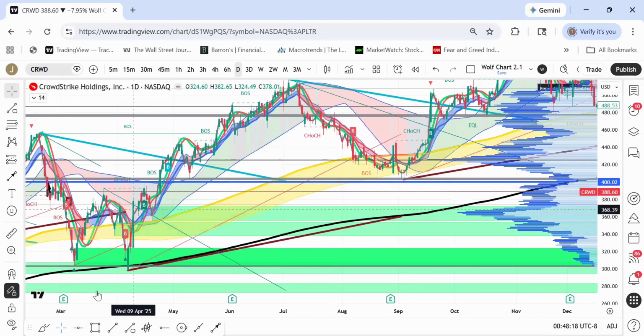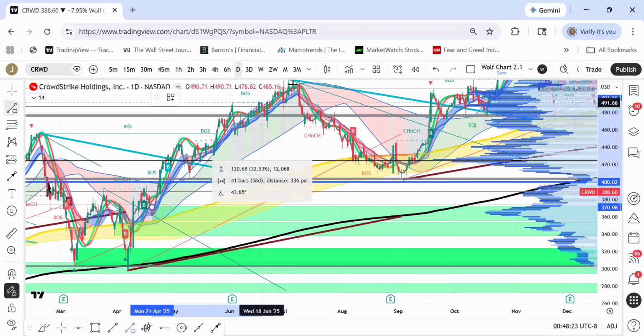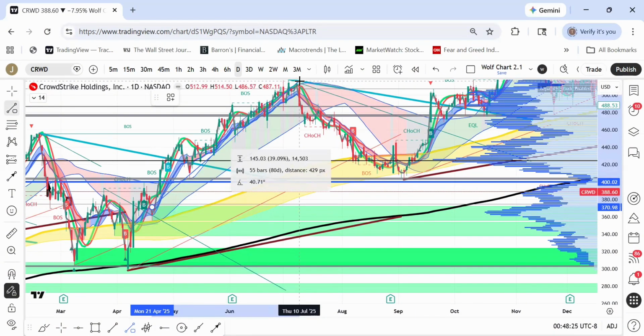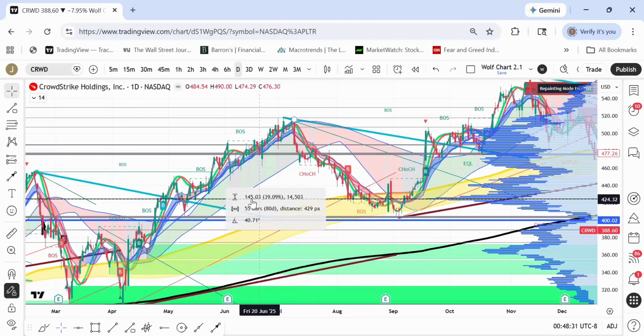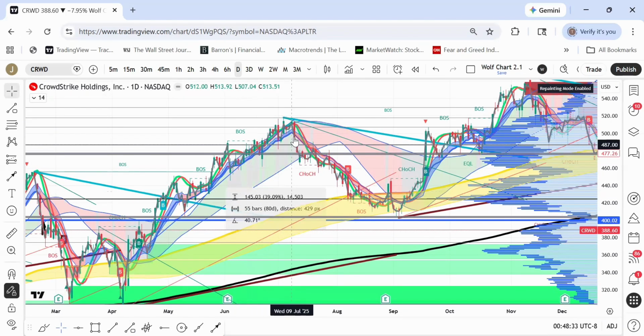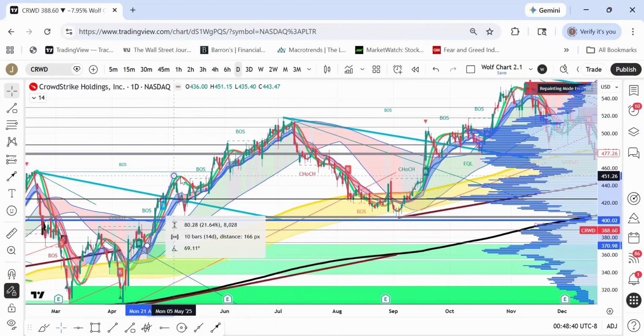So from this internal order block, they ran up 39%. In other words, $145. Now we can even bring it back to here because they did pull back to here. So let's bring it to right here. That's 21%, $80. So this internal order block is pretty strong.